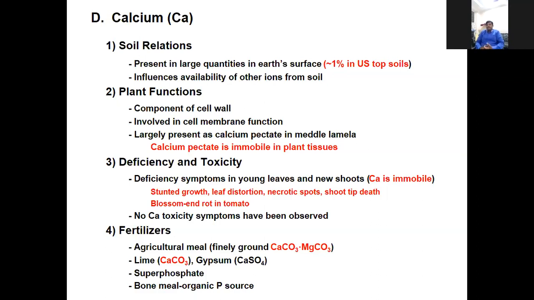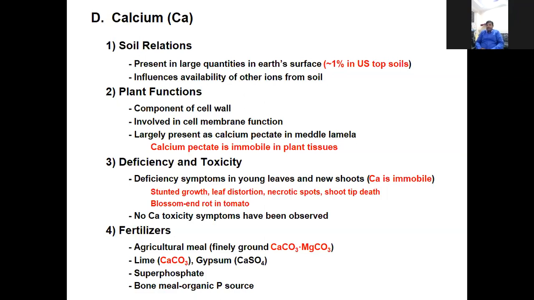Calcium deficiency causes blossom end rot in tomato. That is a characteristic deficiency disorder in tomato, known as blossom end rot. The fertilizers which correct the deficiency symptoms of calcium are agricultural lime, that is finely ground calcite and dolomite.